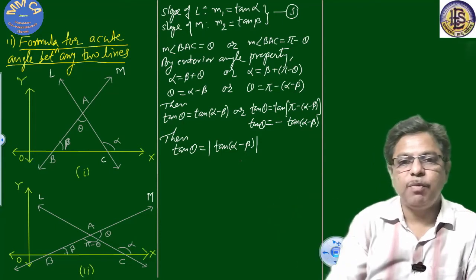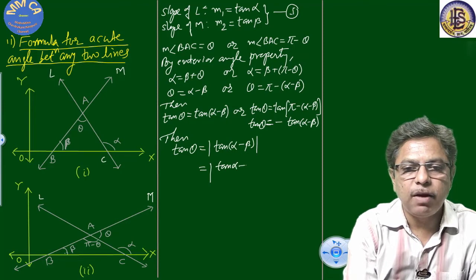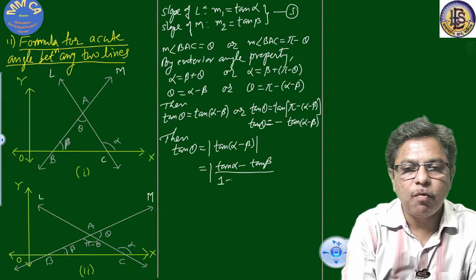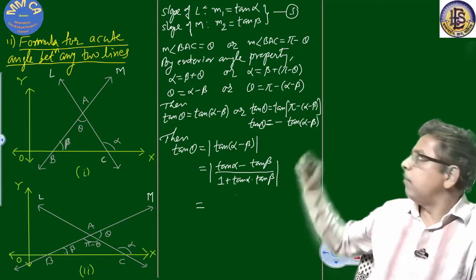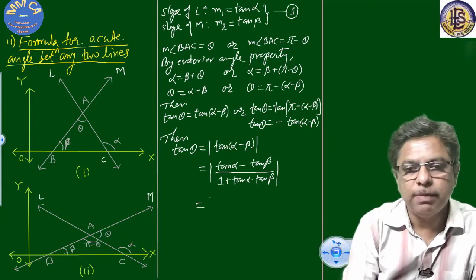And now we'll use the formula for tan of alpha minus beta. This is tan alpha minus tan beta divided by 1 plus tan alpha into tan beta. This is the formula for tan of alpha minus beta. And see what tan alpha and tan beta are. We have denoted tan alpha is equal to m1 and tan beta is equal to m2.